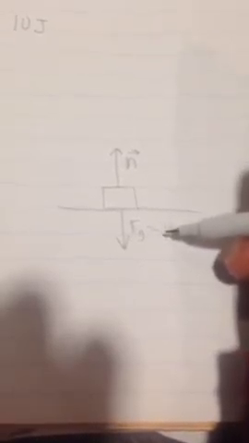So the force of gravity is equal to mg, so we know that the normal force must also equal mg so that the net force here will be 0. The mass of the block is 4, and gravity is 9.8, so that equals 39.2 newtons. So the normal force is 39.2 newtons.